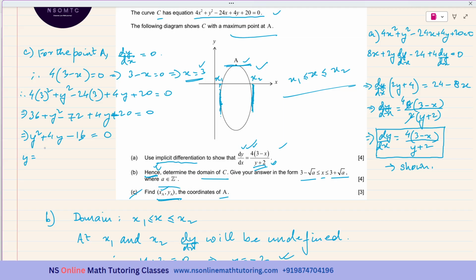So y is equal to minus 4 plus minus square root of 4 square is 16, minus 4 times a is 1 times c is negative 16, over 2 times 1.